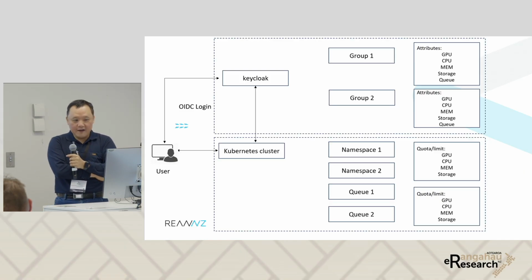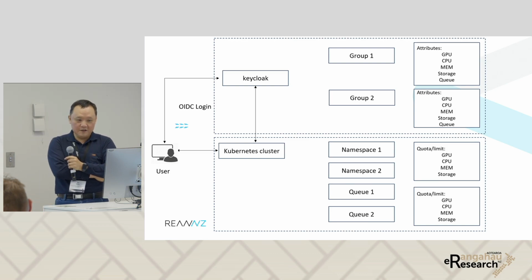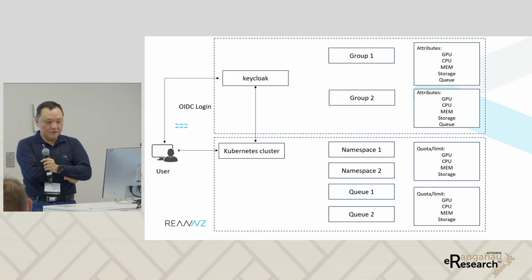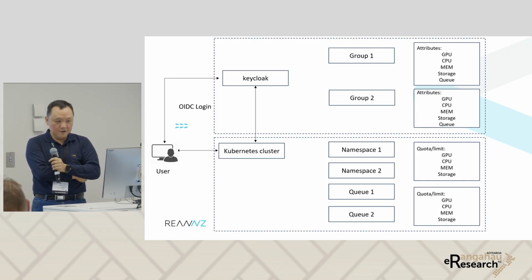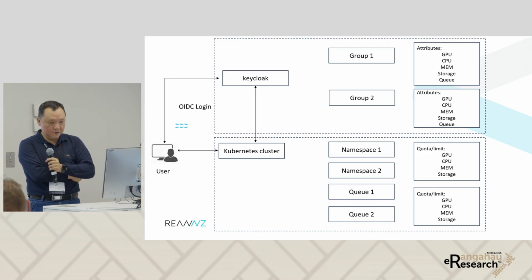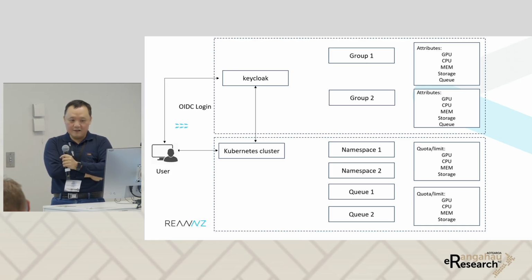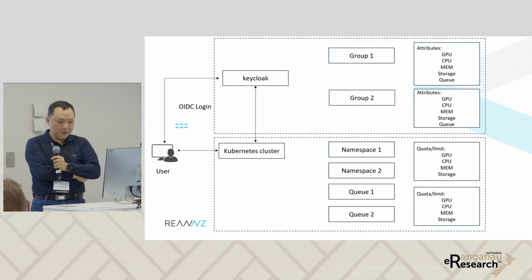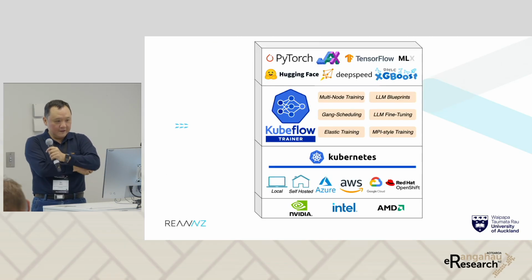Our team will provide the GPU AI cluster as a service for the university's researchers, so multi-tenancy is also one of our focuses. We integrated Keycloak OIDC authentication with Kubernetes RBAC, role-based access control, by mapping users' groups and attributes to control which namespaces they can access and to enforce their resource quotas and limits. That test was a success. I think it's fundamental work.